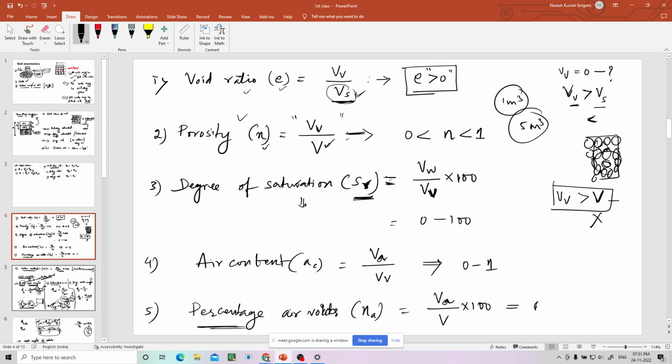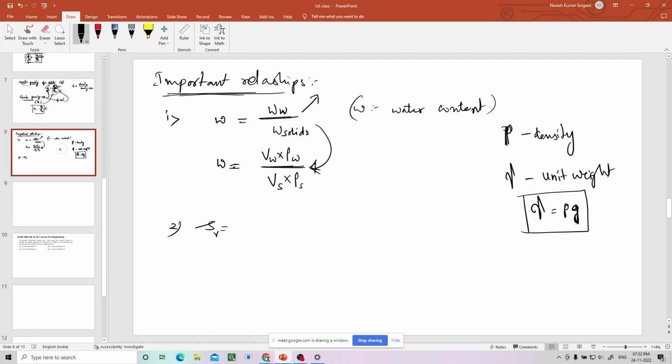So SR equals volume of water divided by volume of voids. I'm taking values between 0 and 1 right now, not percentage. So volume of water equals SR into VV.